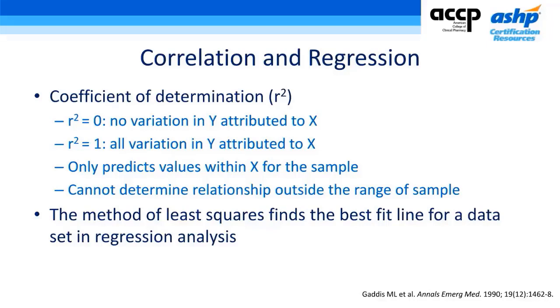So again, we're thinking about these concepts within the confines of the study only. And then the method of least squares finds the best fit line, so your Y equals MX plus B line, for the data set in the regression analysis.